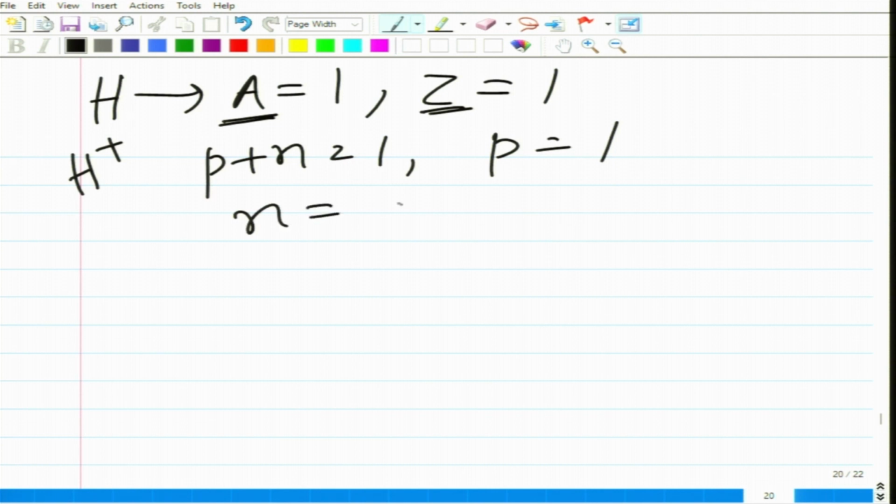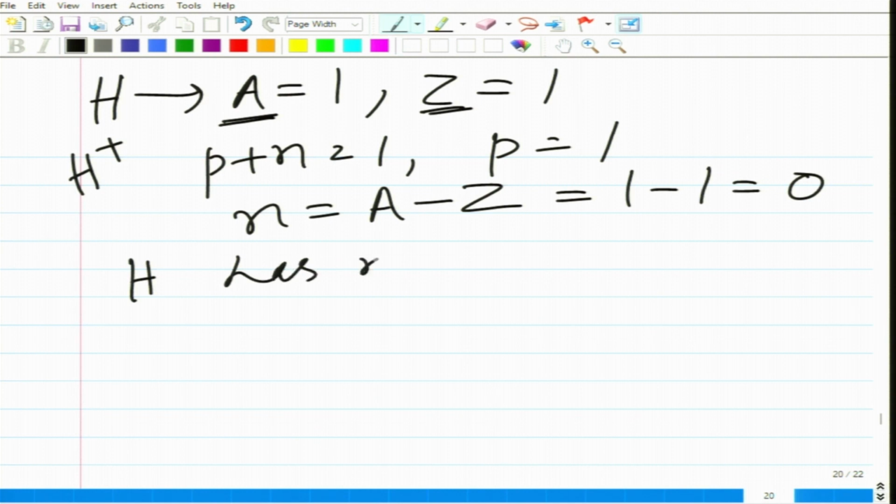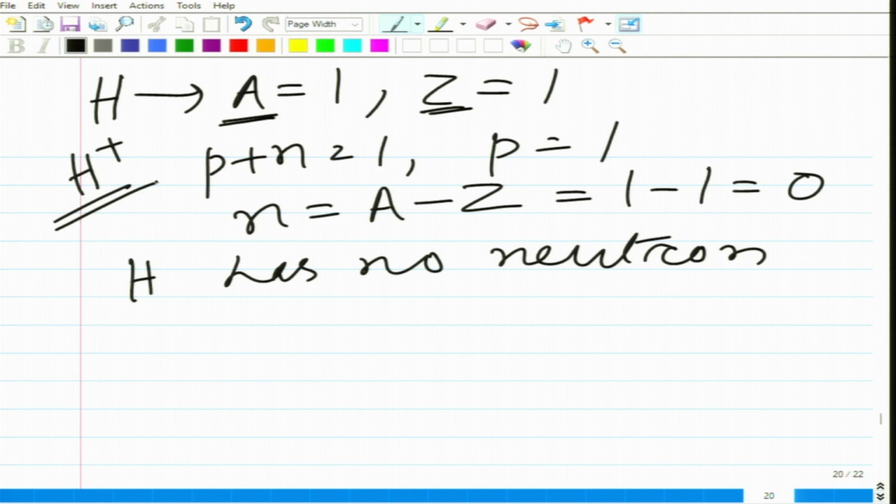Therefore, number of neutrons equals mass number minus atomic number, so 1 minus 1 equals 0. Therefore, hydrogen has no neutron. That's why when we take one electron out from a hydrogen atom, it becomes a proton only.